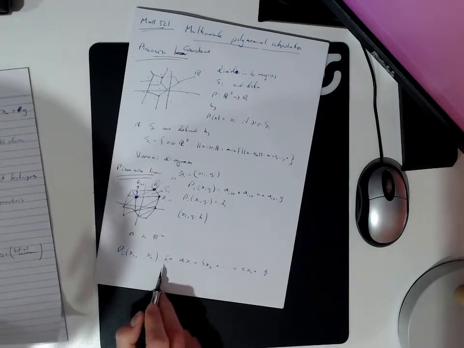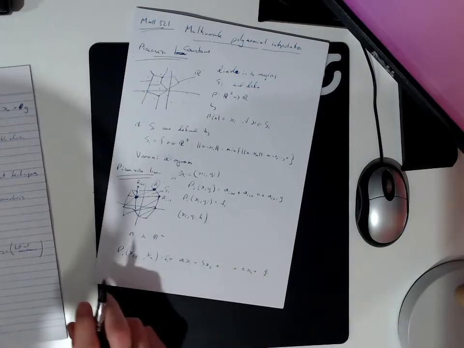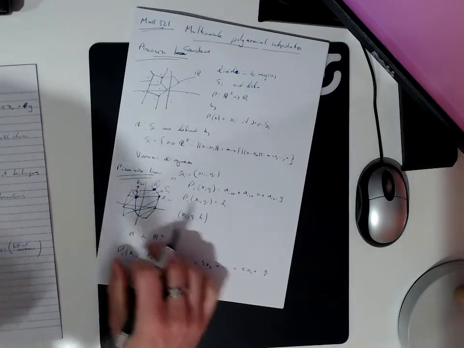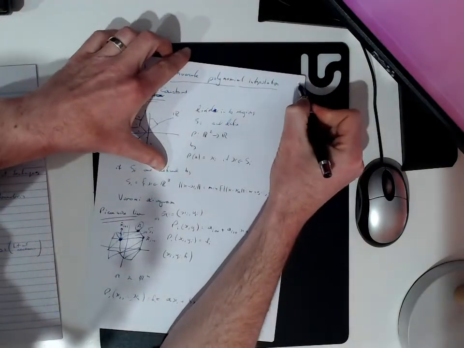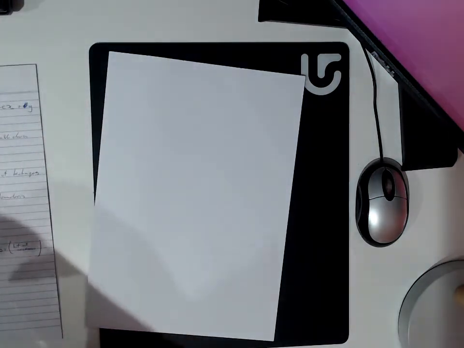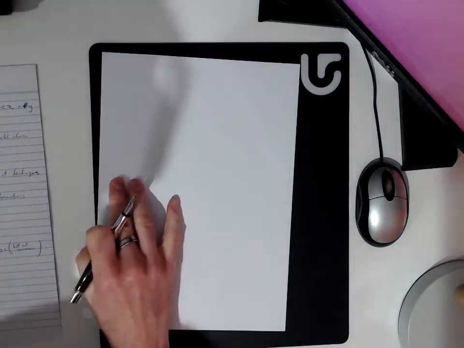N plus 1 points, if we're in n dimensions and we have n plus 1 unknowns, plug them in, solve them. So piecewise interpolation is not so bad. You can definitely always do that.